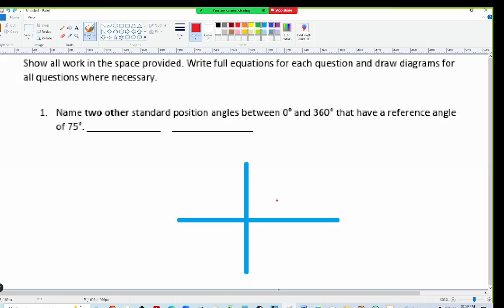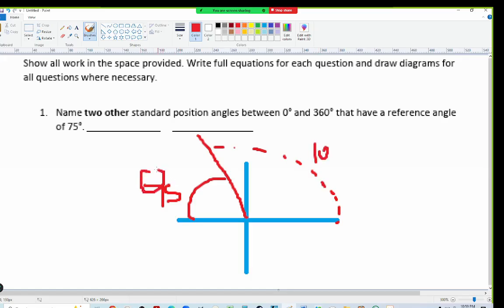Over here, if the angle is here, 75, we want to know a terminal angle, which is this angle here. What's the terminal angle? It is 105. So always in this quadrant, it's always 180 minus that.